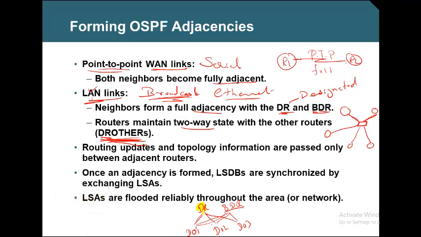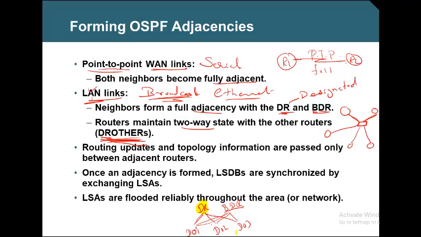BDR will simply collect all the route informations from DR other 1, DR other 2, DR other 3. Whatever DR knows, BDR also knows. But when there is a query from DR other 2, the query will be responded only by DR, not by BDR. BDR is only, as I said, backup designated router.